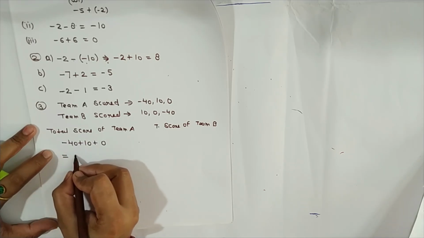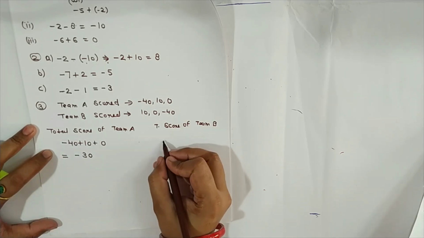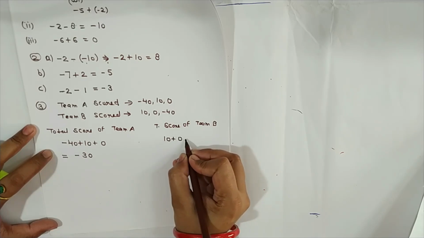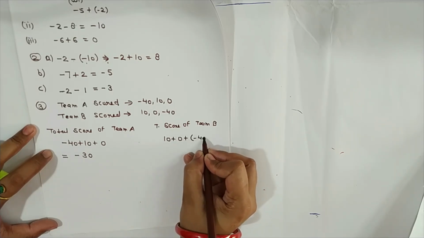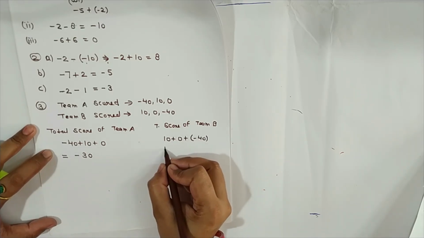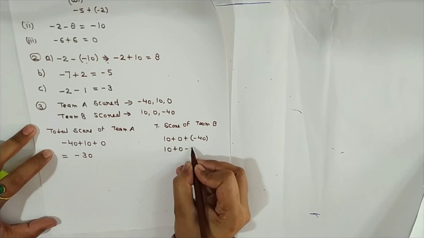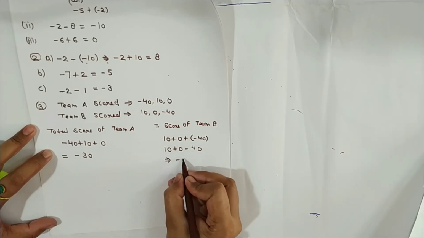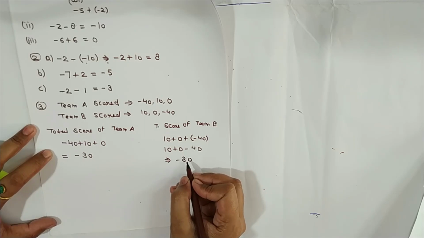So it will be -30. And 10 plus 0, then plus -40, and plus and minus becomes minus, so the answer is -30. So the scores of both teams are the same.